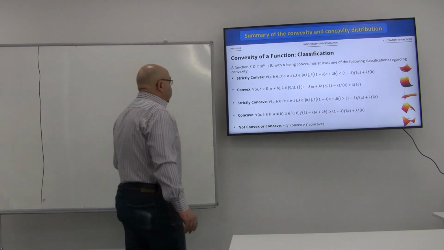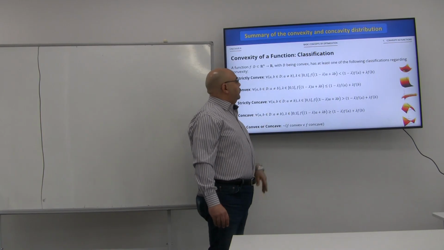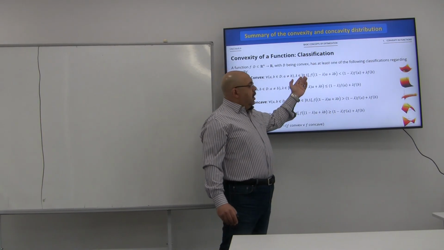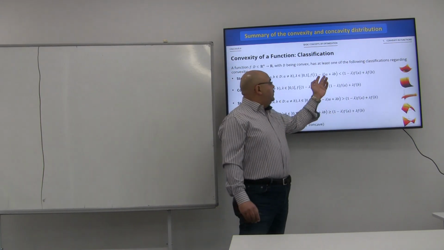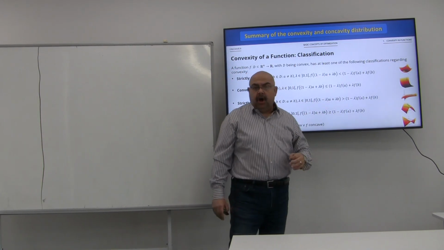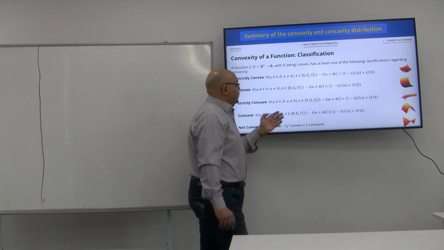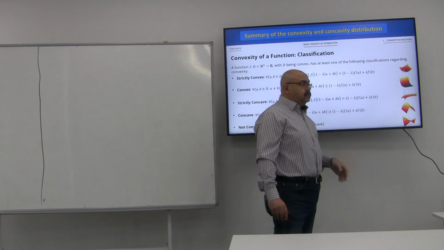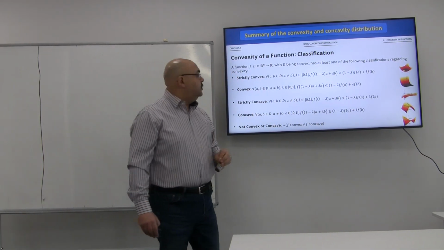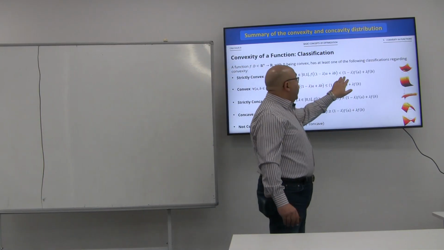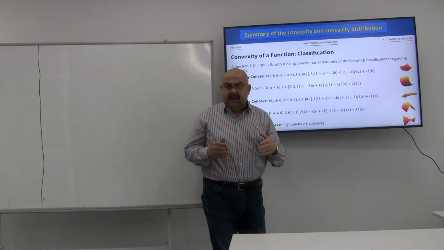For strictly convex functions, for every a and b, and for lambda that belongs to the open interval between 0 and 1, we will find that the image of the weighted average of the points, (1 minus lambda) a plus lambda b, will be less than the weighted average of the images. So that's the condition to have a strictly convex function.